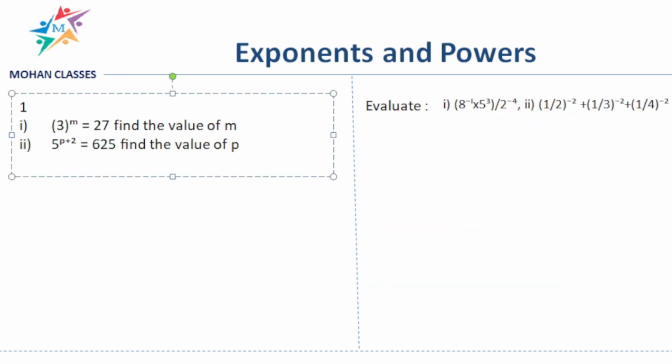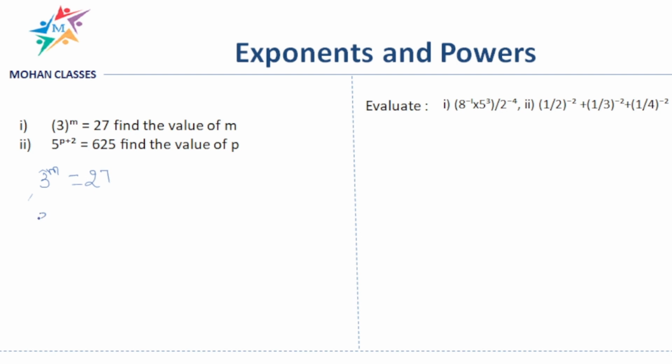Here we have to find the value of m, where 3 to the power of m is equal to 27. How do we do that? Let us do it. 3 to the power of m is equal to 27.